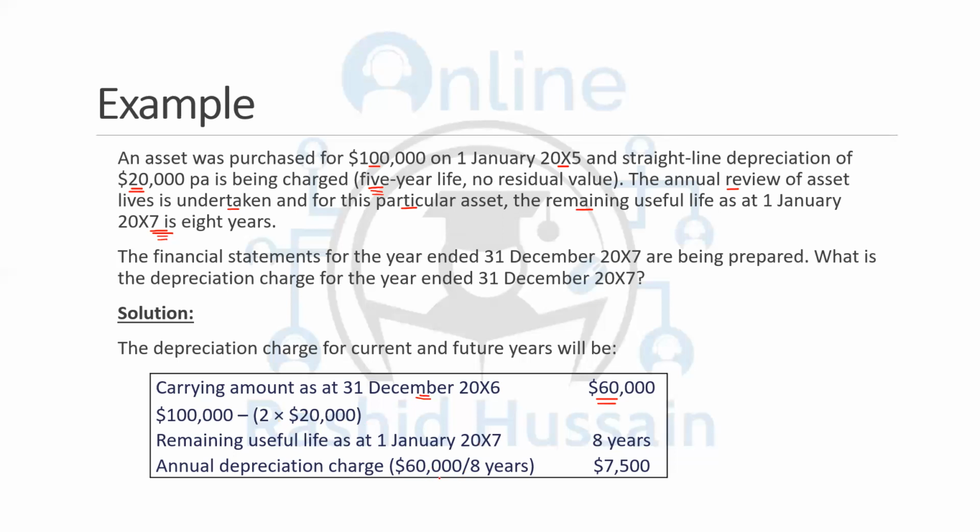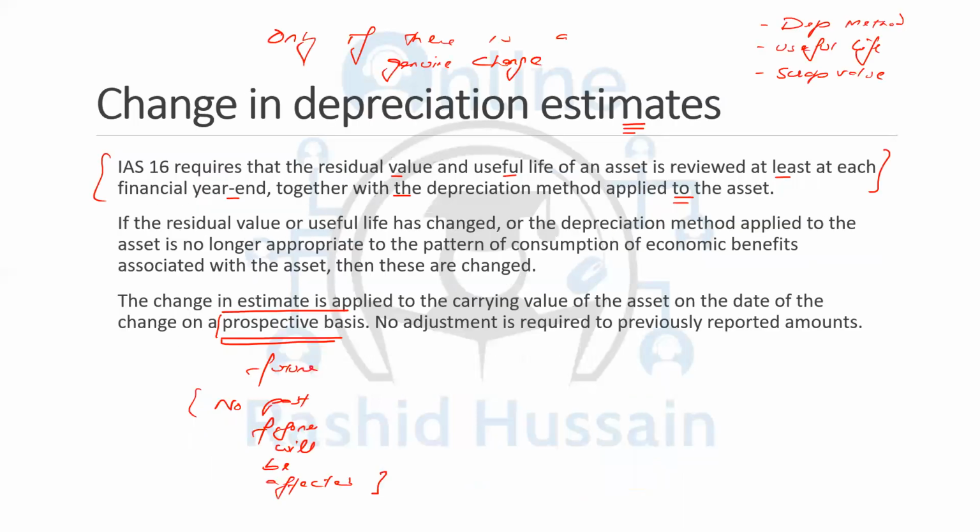So you take 60,000 divided by 8 years. Now the new depreciation is going to be 7,500 per annum. Previously it was 20,000 per annum. So remember, the future depreciation will be changed and there will be no impact on the past figures. So that is known as a change in accounting estimate, which is applied prospectively.